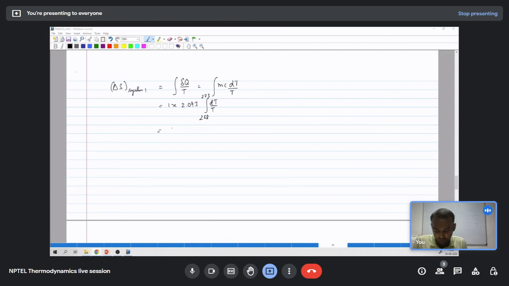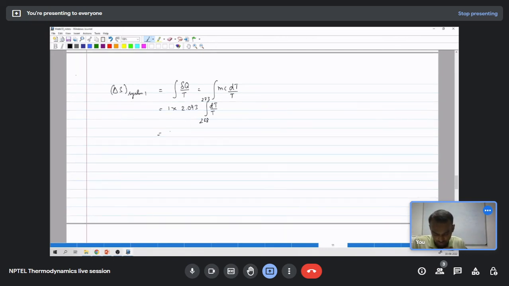Back to the problem, we had the integration dT by T. So this is ln of temperature. So this is 2.093 into ln of T2 by T1 within the limits 268 to 273.